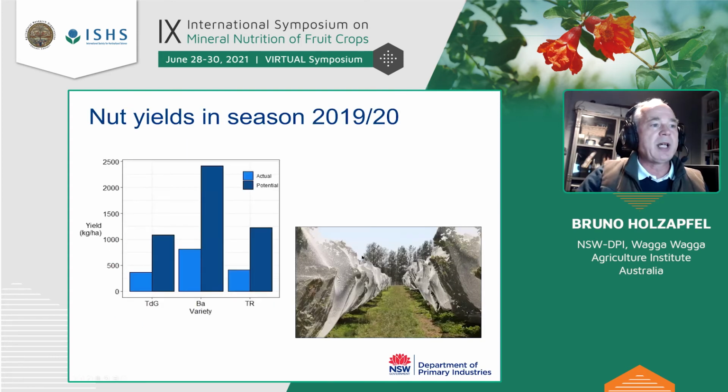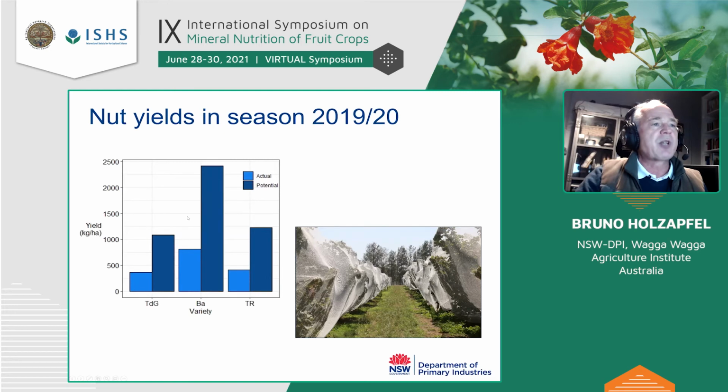So when you look at yields, and again, this is in the tablelands, we have to protect the nuts from being eaten by the vicious Australian birds.